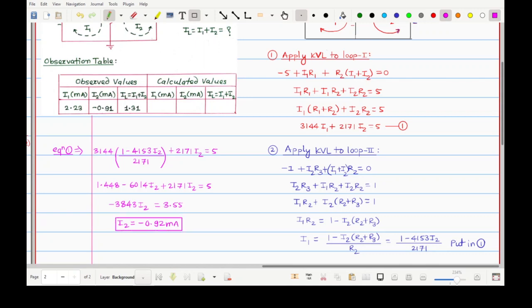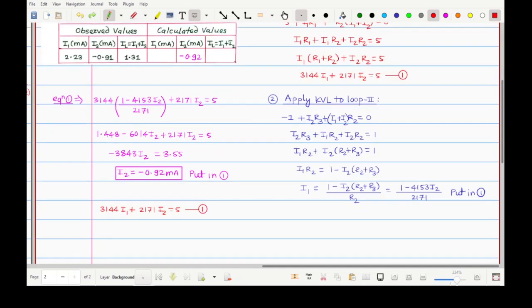So note down this value: minus 0.92 milliampere. Now we have got the value of I2. If you put this value in equation 1, you will get the value of I1. Now this is your equation number 1. Here we will put the value of I2 and calculate I1.